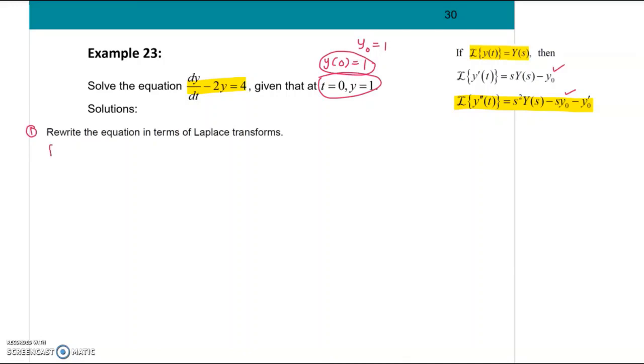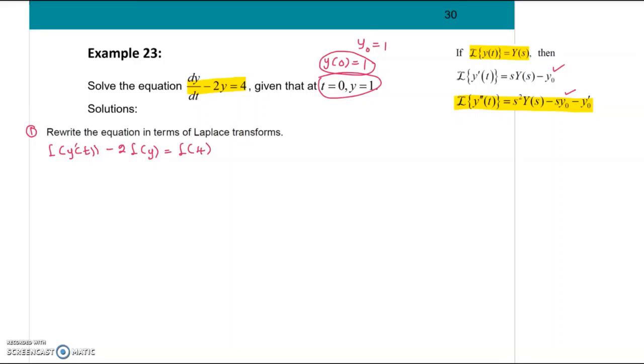So we have the Laplace of y prime, I just write dy/dt to be y prime, minus 2y. By the linearity, we can take out the 2, and then the Laplace of y equals, at the right hand side, we also need to take the Laplace transform, so the Laplace of 4.